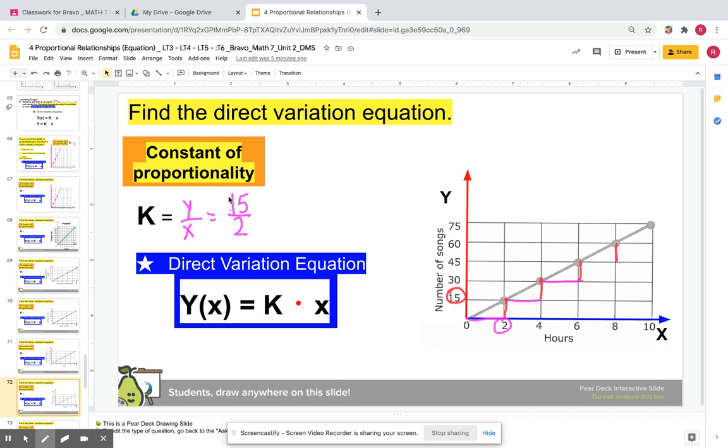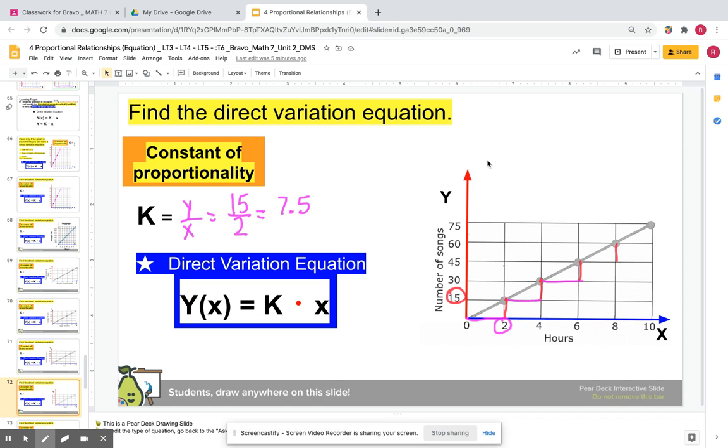That's how you set up your constant of proportionality. From here, you plug that fraction in your calculator and divide it. Once you divide it, you get 7.5. That is the simplest form of k. That's the true constant of proportionality.